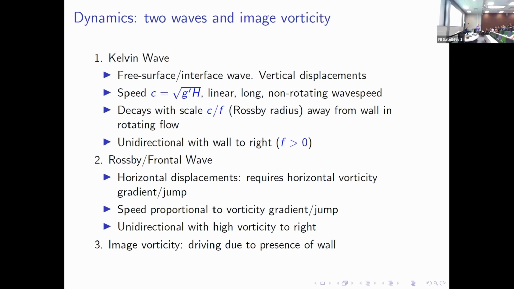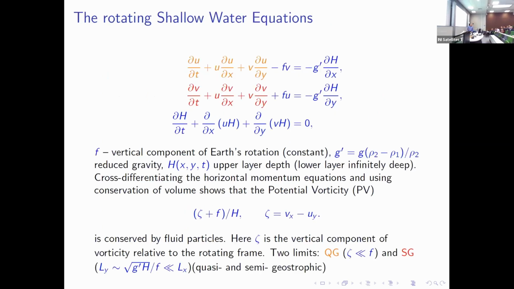It's because the current has vorticity, and it is a unidirectional wave, and it propagates with high vorticity to its right. The Kelvin wave, I should have said, propagates with the wall to its right. So these two waves can either superpose or they can oppose each other depending on the sign of the vorticity. And then there's image vorticity in the wall.